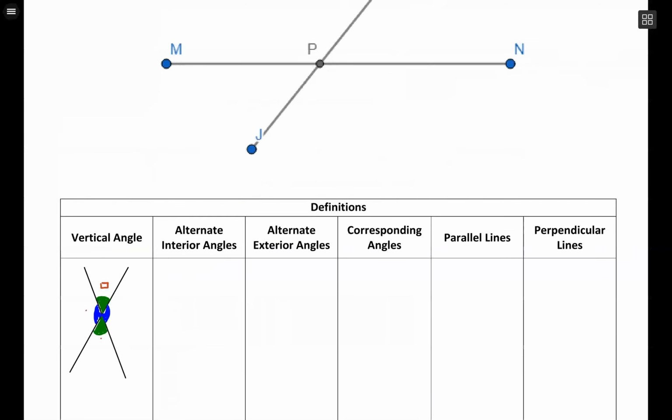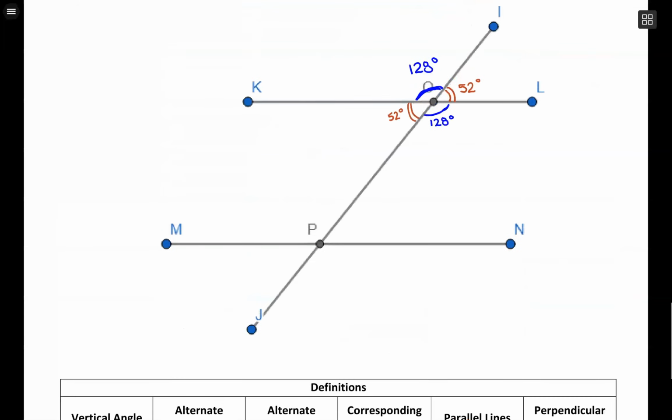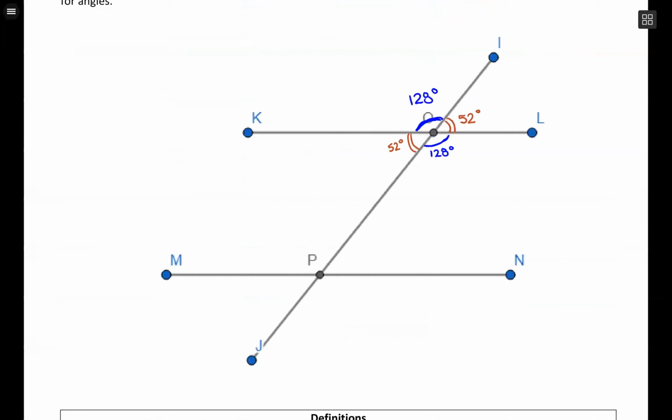Now, to jump ahead in these definitions, I'm going to go to this definition of parallel lines because it's going to help us get other measurements out from this picture. What we want to notice is that this line KL up here is parallel to this line MN down here.